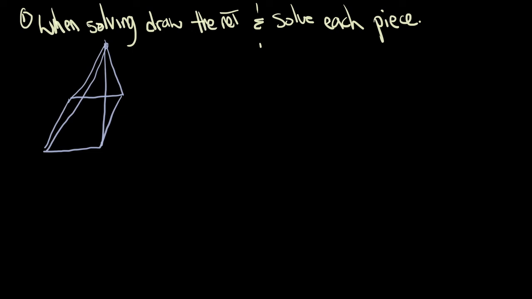Right, so this is going to be a super easy square pyramid. You're going to be given the height, and the height is, say, 10. And you are given the edge, say, 15.